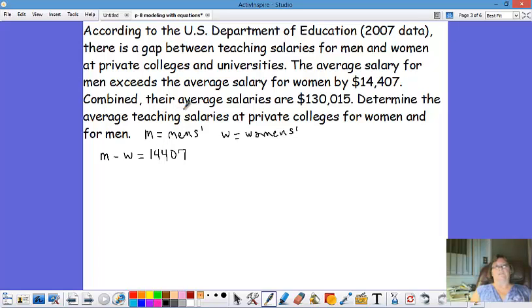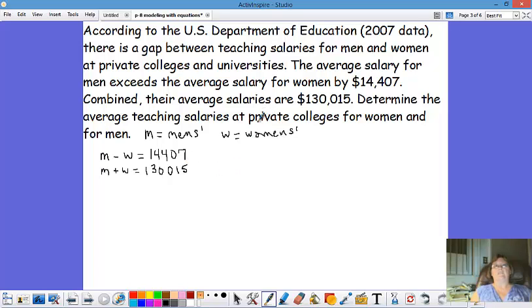But we're also told that if we add or combine their average salaries, we get a total of $130,015. So the men's salaries plus the women's are equal to that $130,015. All right, now we're cooking. Let's see.